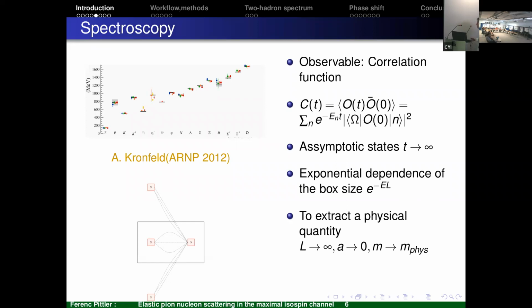These are suppressed by e to the minus energy times L. However, they could be sizable if your box is small enough.